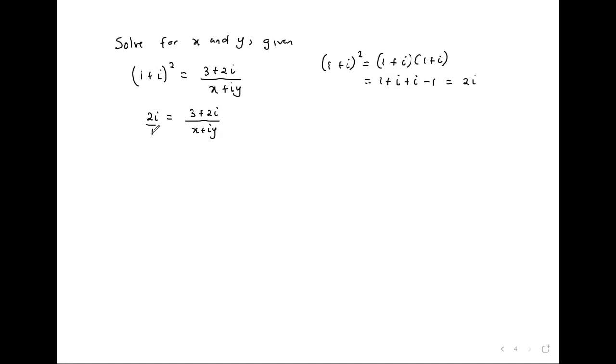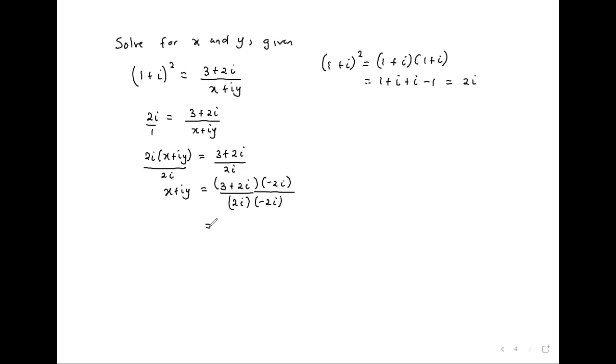Cross multiply. 2i, don't expand this. Just keep it here. The question says solve for x and y, so divide out anything which is not x and y. So x plus iy is equal to (3 plus 2i) over 2i. Then conjugate, so you're multiplying by negative 2i, top and bottom.